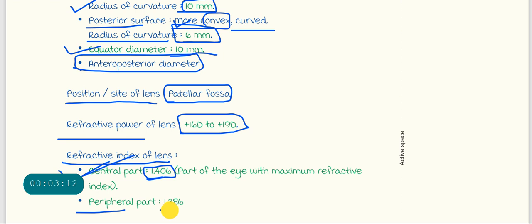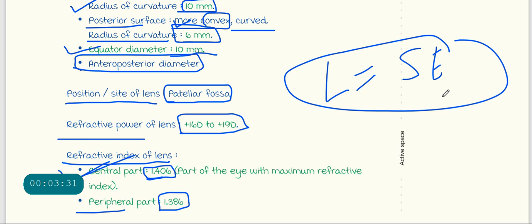It is 1.386. In the anatomy we missed a point: the lens is derived from the surface ectoderm. Remember this, students, from the embryological point of view.